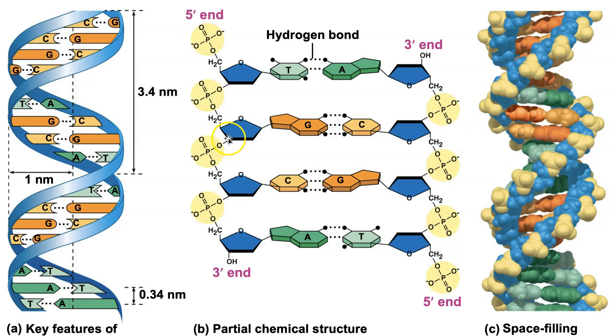So 3', if you look down here, carbon 1, carbon 2, carbon 3, the 3' end of this strand is the 3' carbon. And underneath the 3' carbon, we always have a hydroxyl group coming off. Think of this hydroxyl group as a sticking point, a sticky hydroxyl.